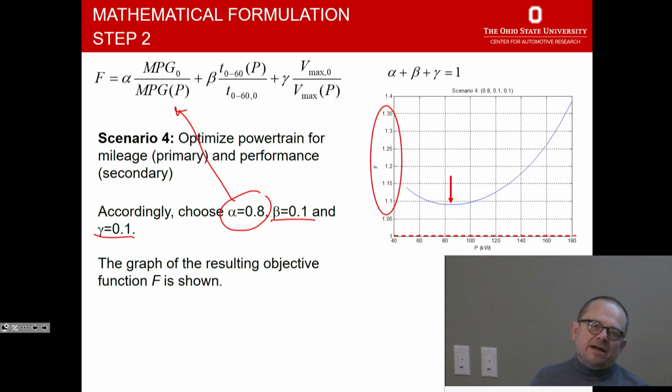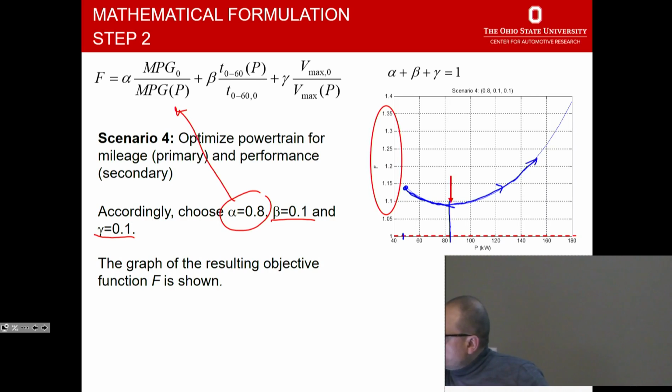Well, you already understand what this is going to look like, because I still have the same type of behavior. I begin, the smallest engine doesn't quite do it. I keep decreasing. I find the minimum. It tells me that a little over 80 kilowatts is the minimum. And then as I increase the engine size, I go away from my minimum because fuel economy has a very strong penalty on it.